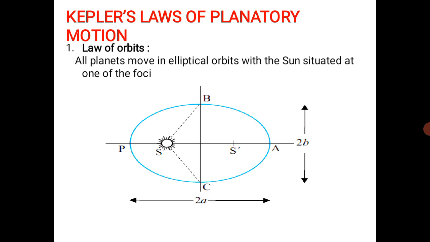So here, the line AP is the major axis, BC is the minor axis, and usually the length of the major axis is represented by 2a, and the length of the minor axis is 2b.